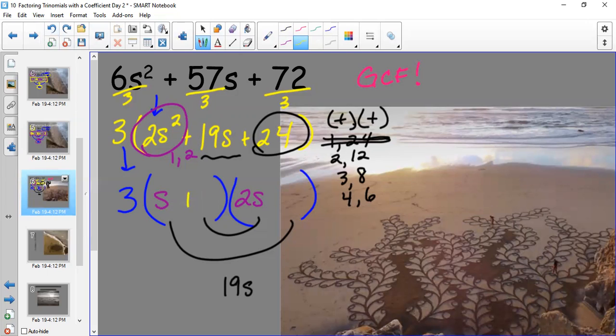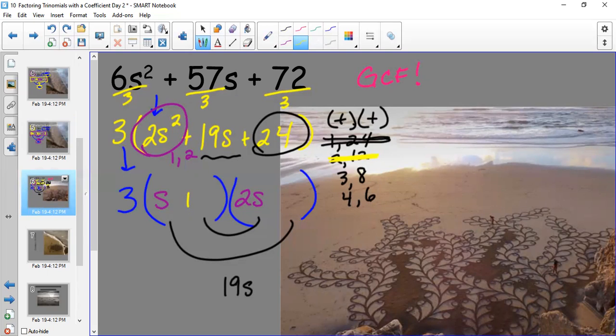So if it goes anywhere, it would go over here, 12 and 2. That would give me 12x and 4x, which is 16x, but I want 19. So I tried. 2 and 12 don't work. So I'm going to guess a different number.